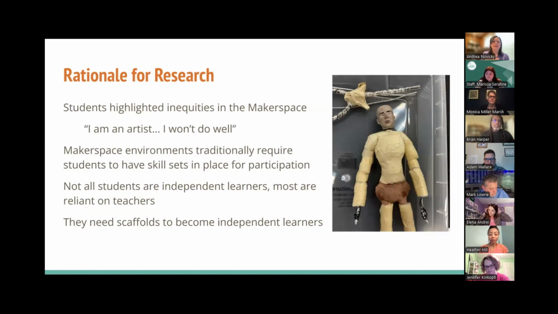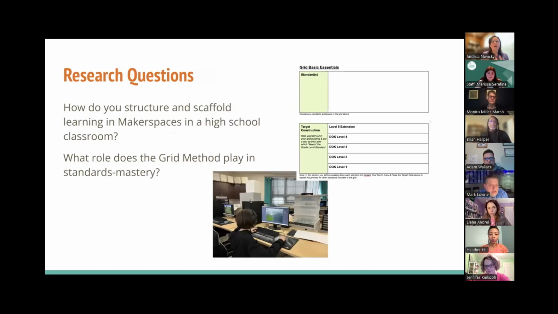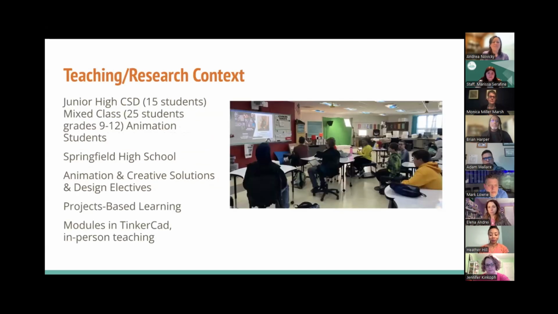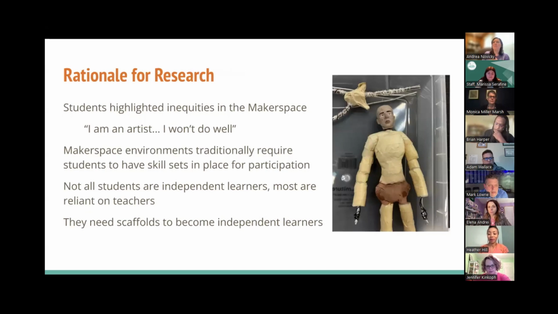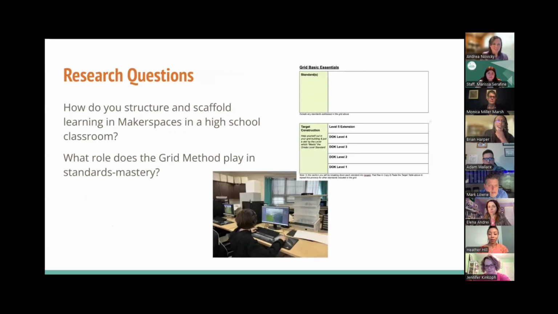And the question I have asked in those environments is, it only invites students who already possess the skill set. So the research question ended up being, how do you teach creativity? How do you teach makerspace to be inclusive to all students, not just students who are already inclined or have that specific innate belief that they already are there? So we structured it as an actual class where students come in and engage in makerspace activities daily, and they get high school credit for it.